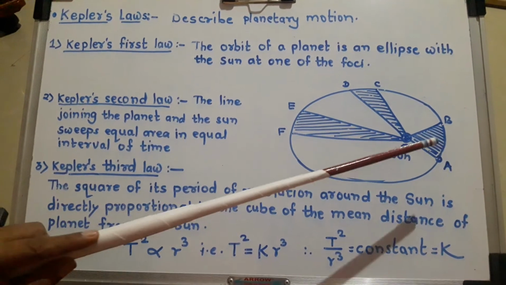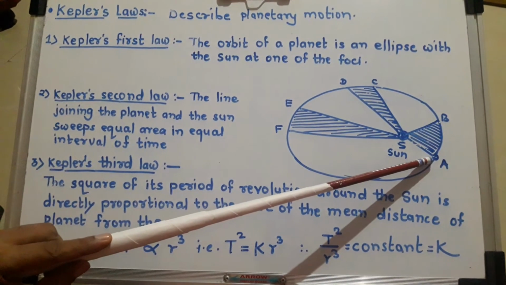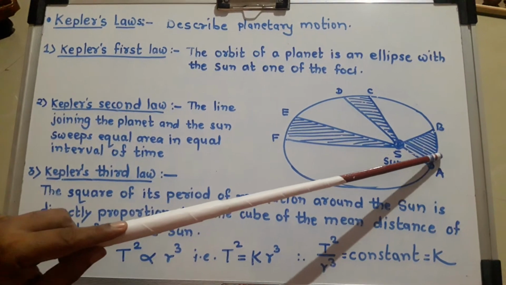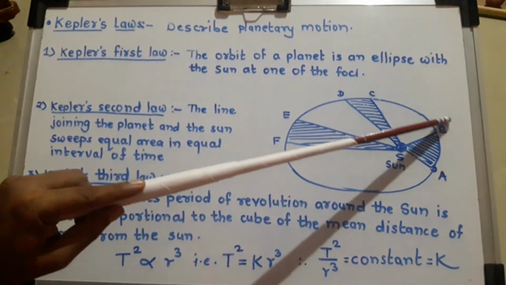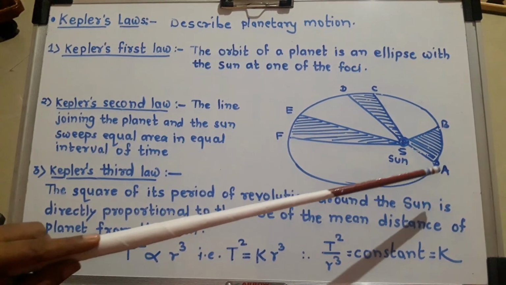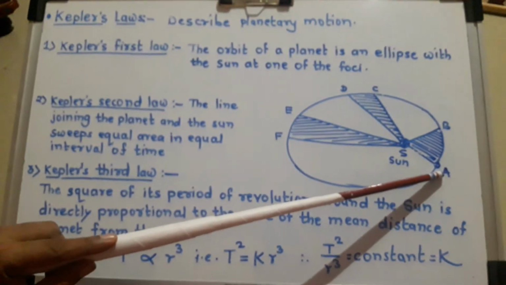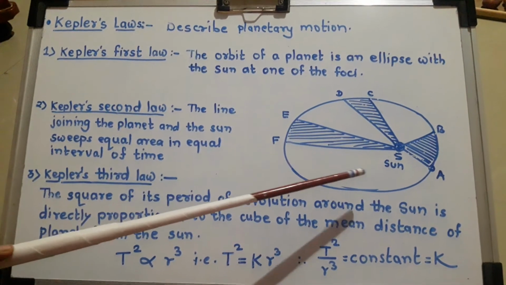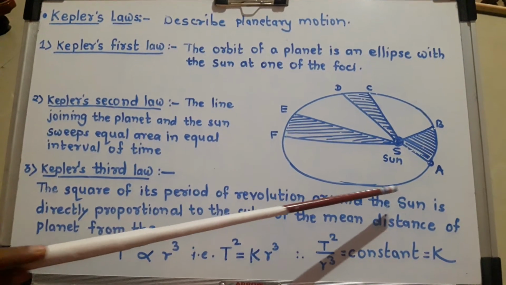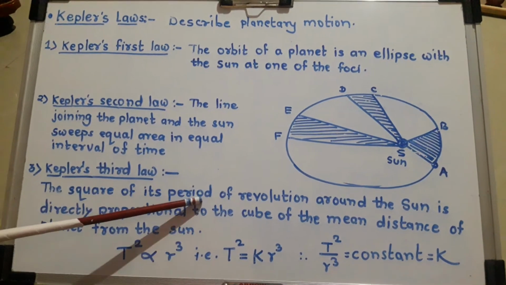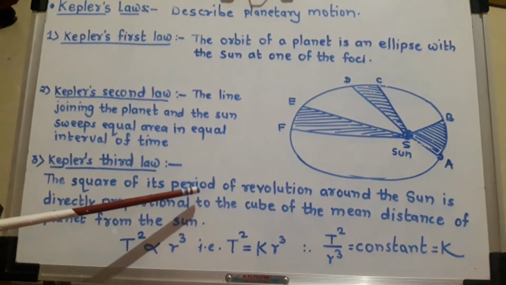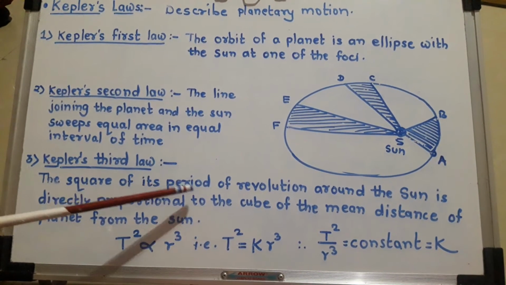Suppose the planet starts from point A, takes a complete revolution, a complete round, and comes back again to this position. The time taken by the planet to complete one revolution is called its period of revolution.